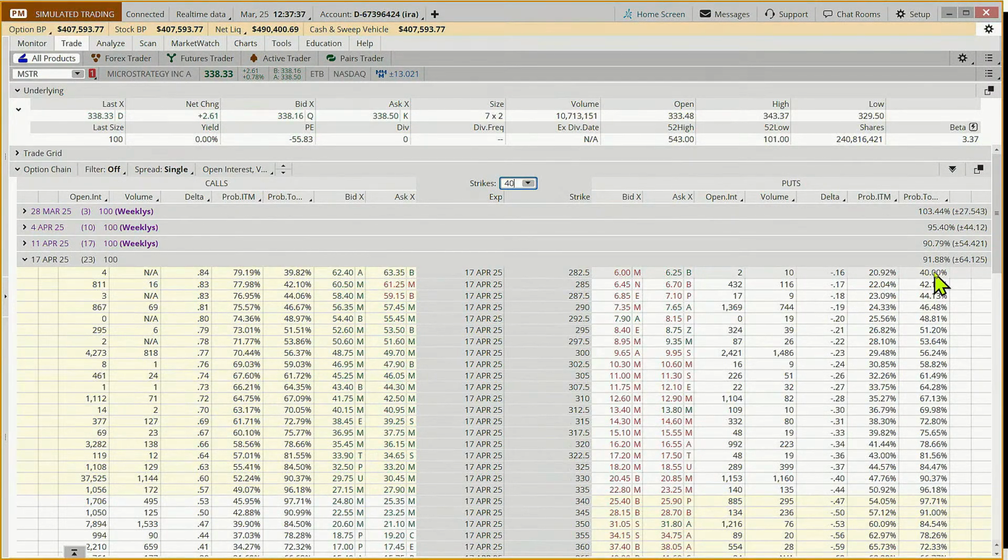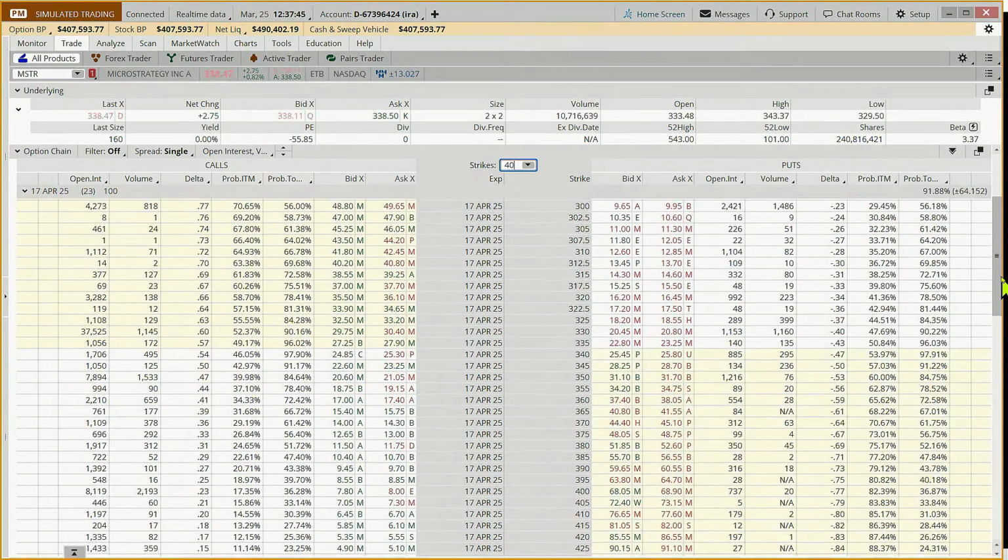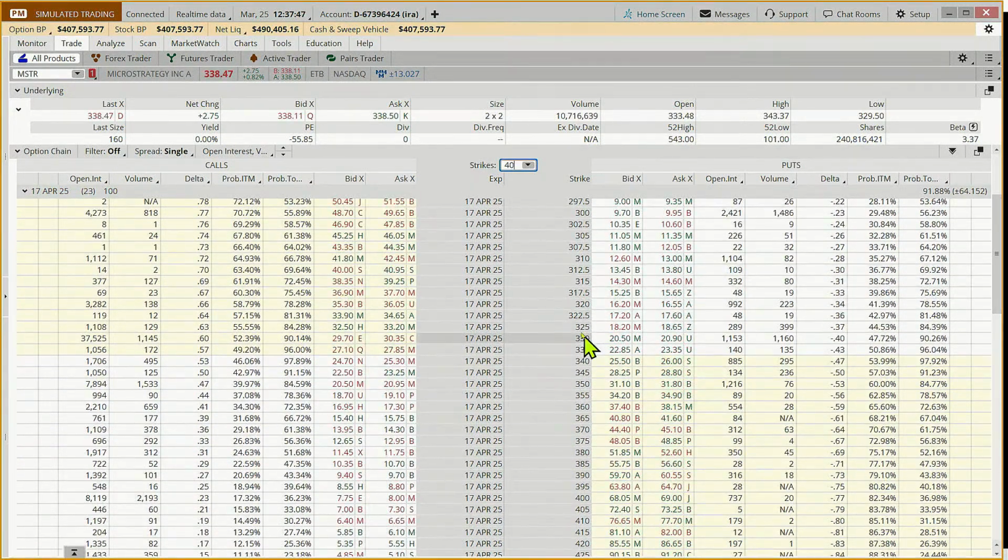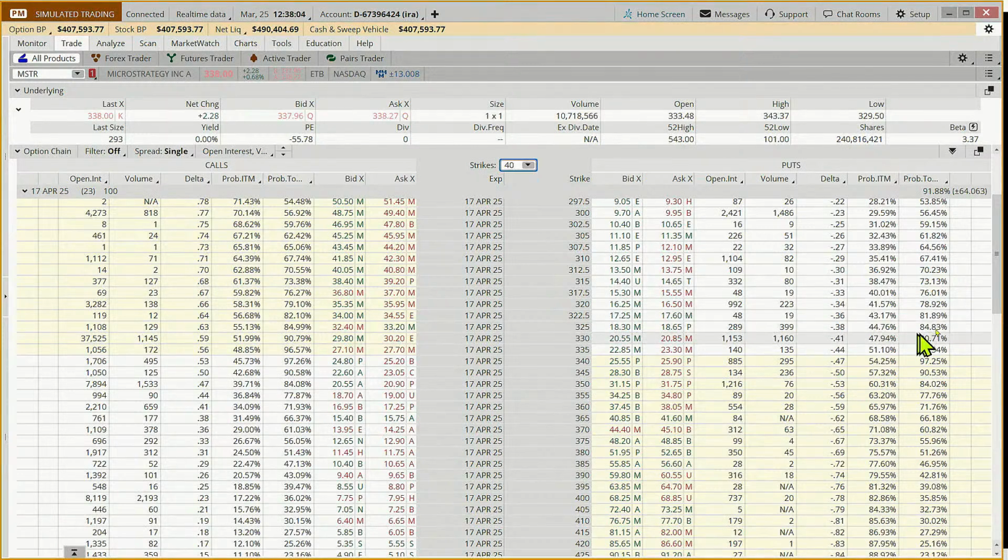If we have a really tight stop, if you said, I don't want to risk more than $10 a share, so I'm going to make it 328, well, if we come down here to 325, you've got an 84% chance that it might come down and hit that 325 level. It's basically saying, come take my money. That's your probability of being stopped out.